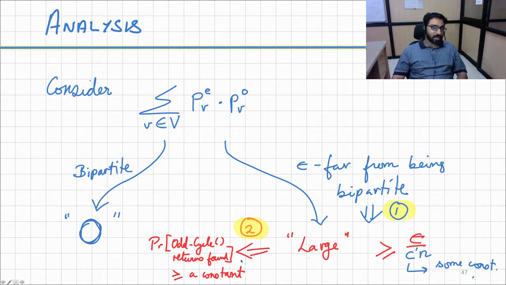And given that it's large, our second step is to prove that the function odd cycle will actually return saying that an odd cycle is found with probability at least some constant. By constant, we mean that it's bounded away from 0.